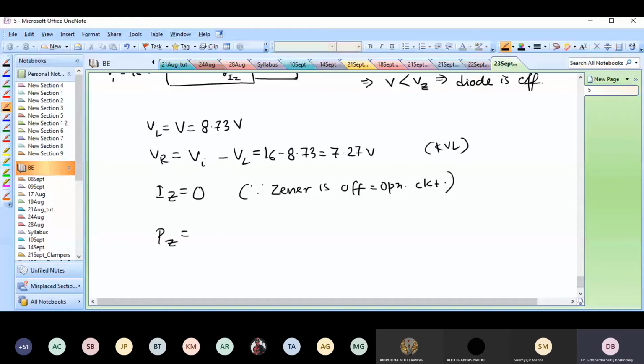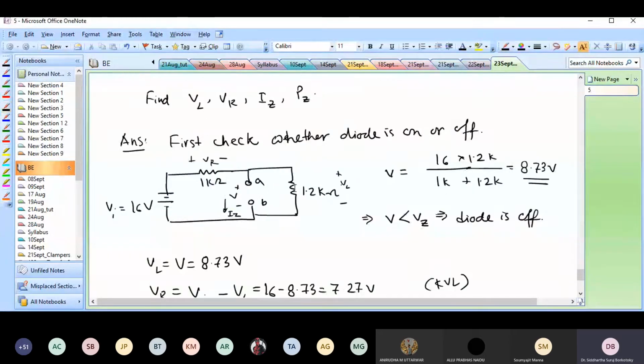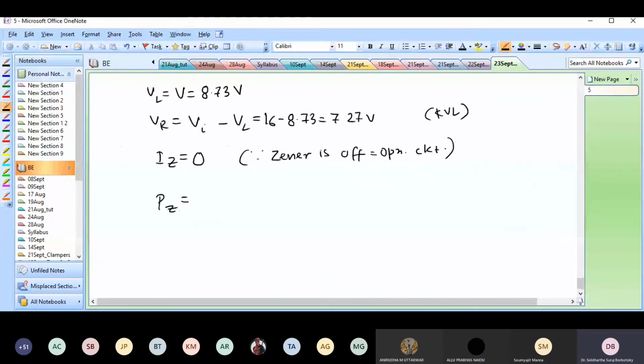PZ, the Zener power. The power is just the voltage across the Zener diode times the current. But the current is 0, so it doesn't matter what VZ is, we have 0 watts.